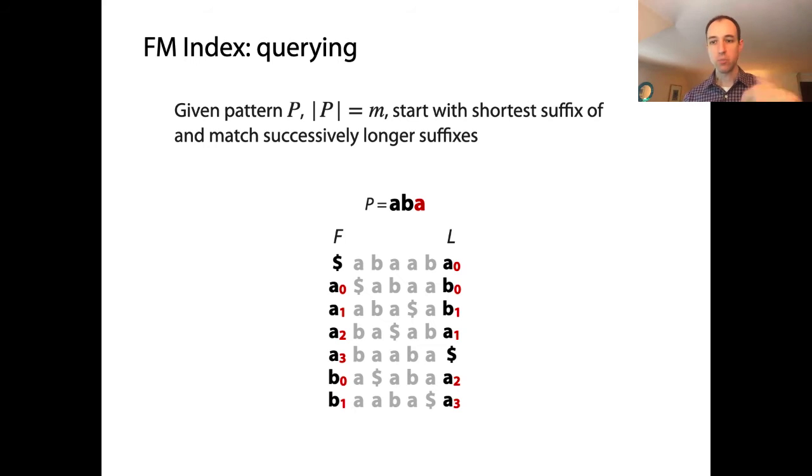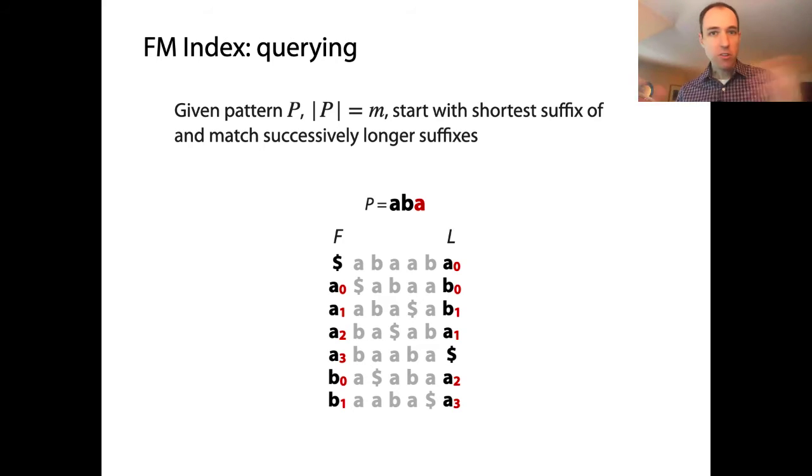Then we proceed iteratively to find a new range of rows and a new range of rows, and each new range of rows is going to be the rows that start with a longer suffix. We're going to start with short suffixes and work toward longer suffixes. But the invariant, the thing that we're achieving at each step, is finding the range of rows of the matrix that start with the suffix so far.